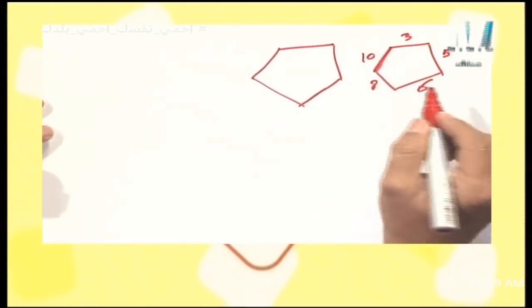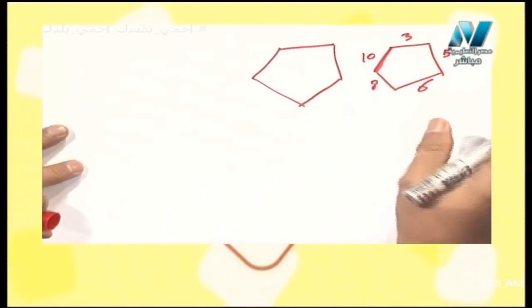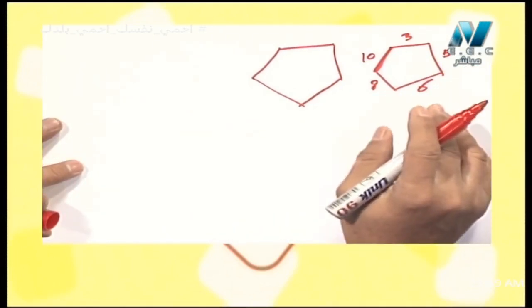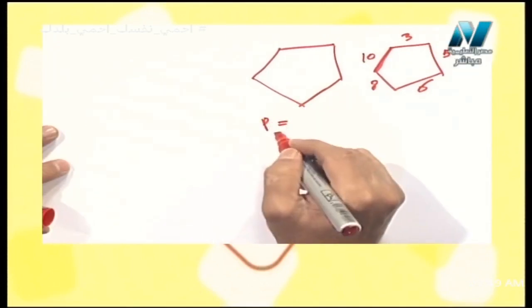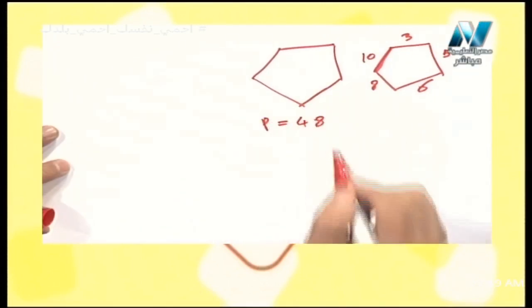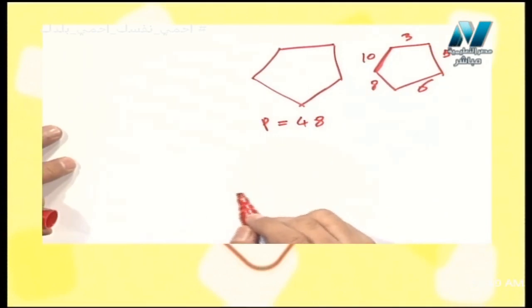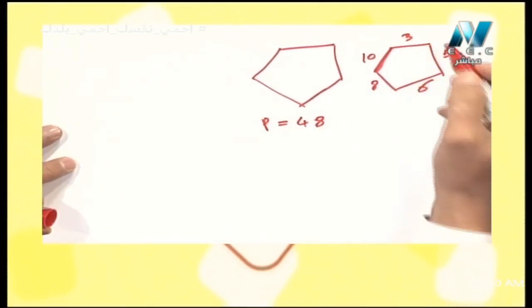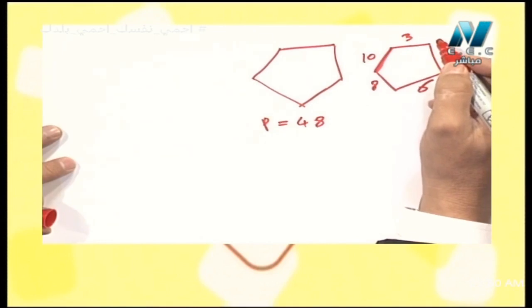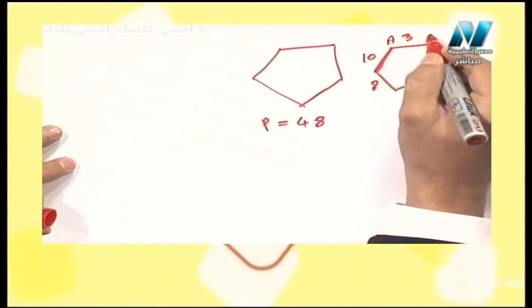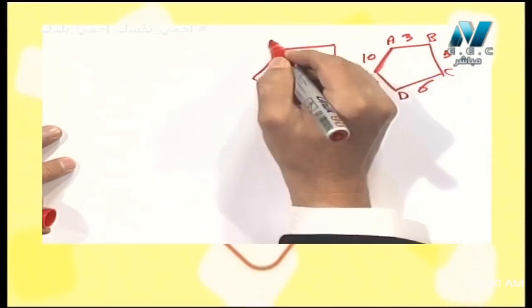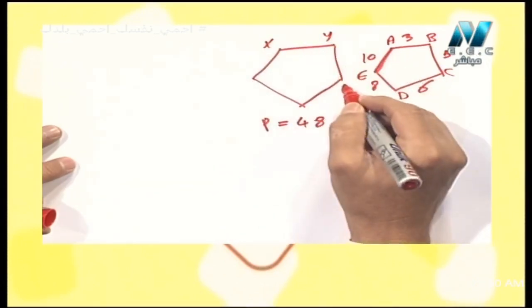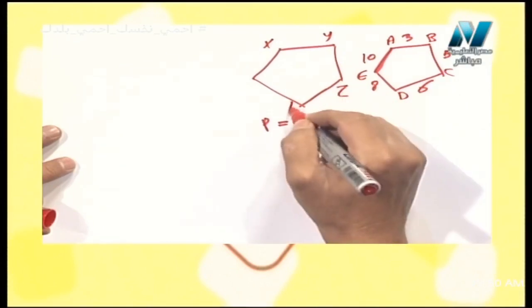Don't concentrate on the sides, because they are just numbers. And the perimeter of the second one is 48 centimeters. We can name the vertices here A, B, C, D, E, and here X, Y, Z, L, M.